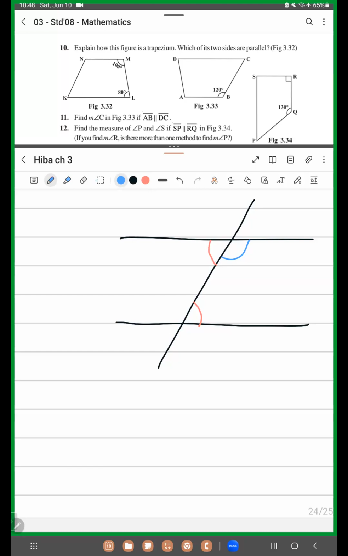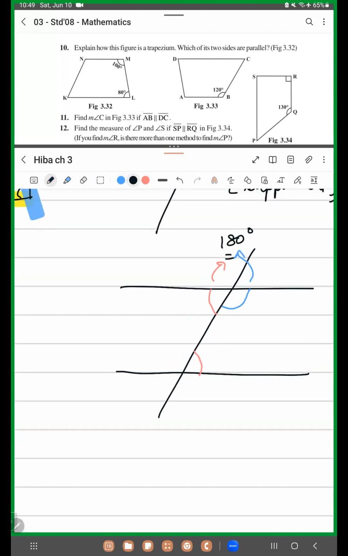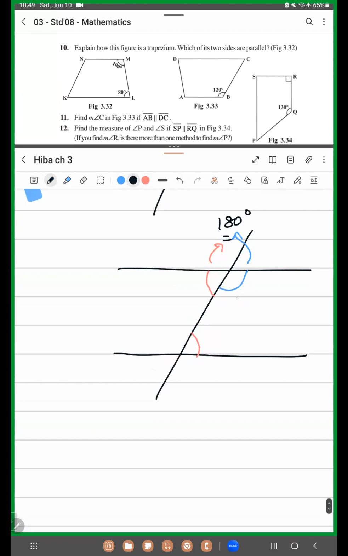So the pink angle plus the blue angle, their sum is going to be 180. This pink angle and this pink angle are the same. So we are saying that this blue angle and this pink angle, their sum is equal to 180.